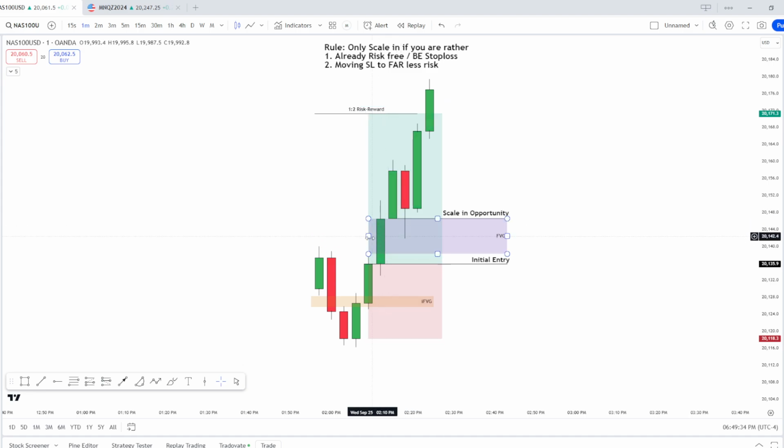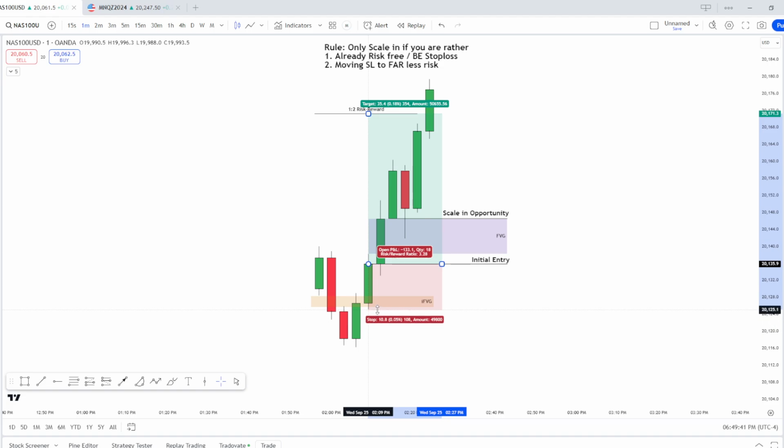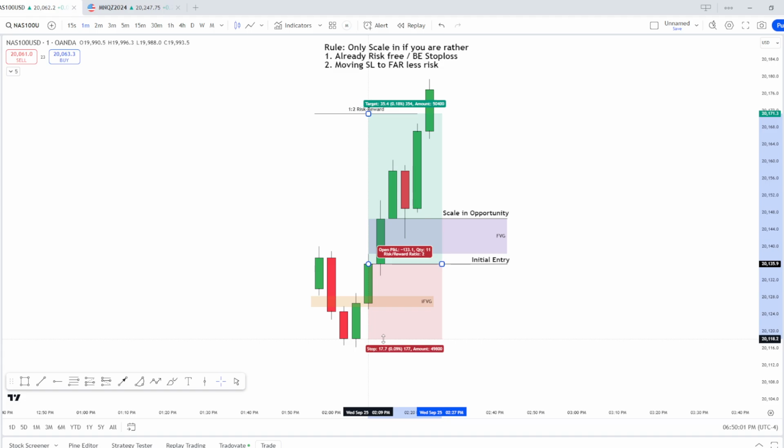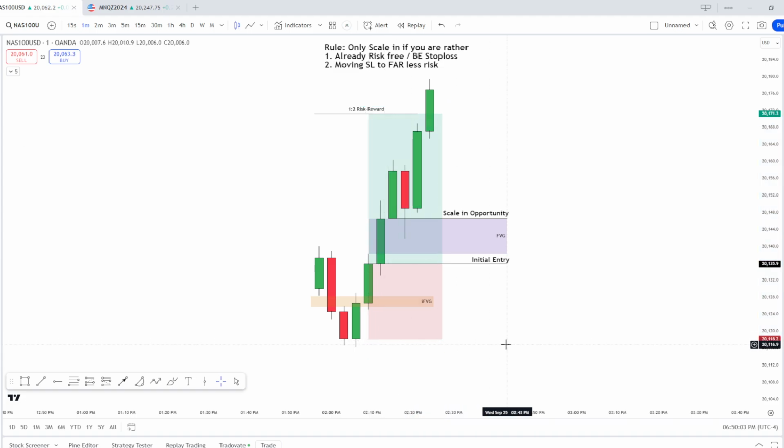So let's say you enter again here. It would be smart to move your stop loss up to a point where you're essentially not having a lot of risk behind the position. Even with you scaling in, you still have the same risk that you initially intended, or slightly more or less. Because you don't want to just be throwing a big position size just because you think that you can scale into a trade, because that's how you get burned very easily.